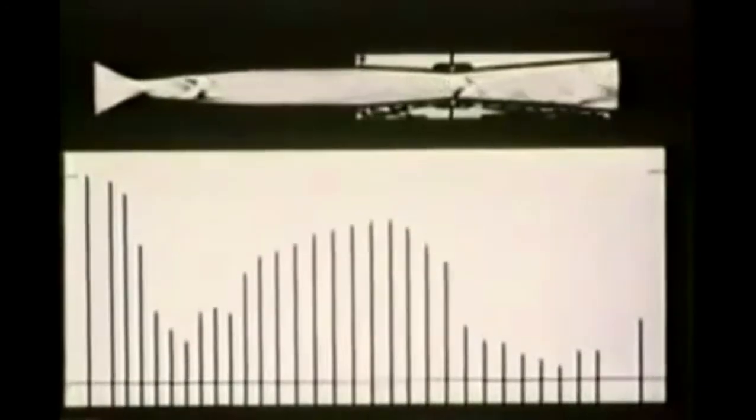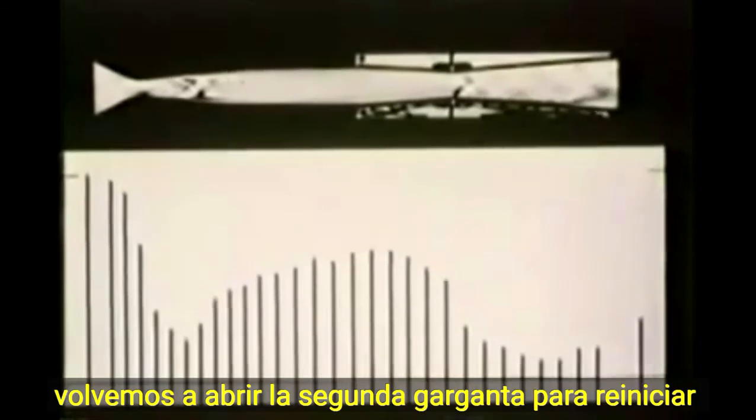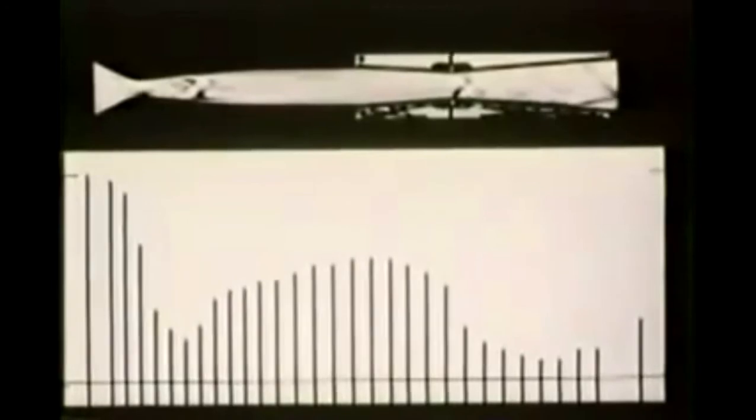This time, watch the manometer as the second throat is closed to block the channel. Note the similar pressure distributions at the two throats. We again open the second throat to restart, and then close this throat as far as we comfortably can without blocking.